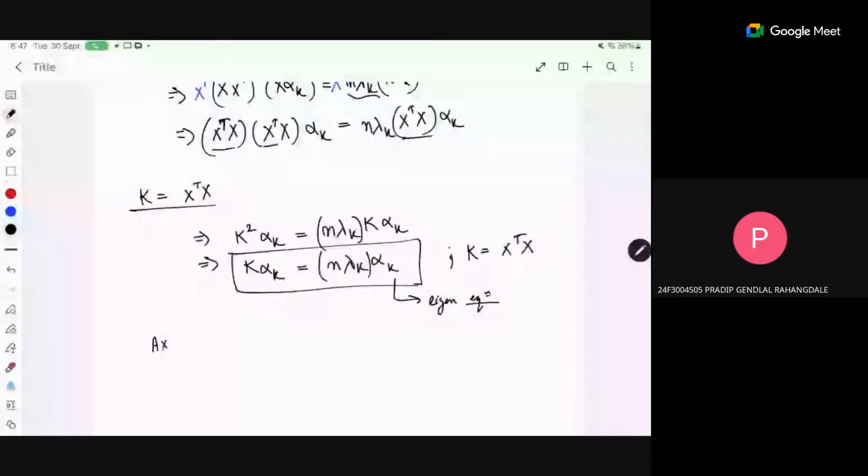If x is the eigenvector of A and lambda is the eigenvalue corresponding to that, you can write the eigenequation as Ax equal to lambda x, right? So in this case, for the matrix K, the eigenvector is alpha k. This is the eigenequation, Ax is equal to lambda x.